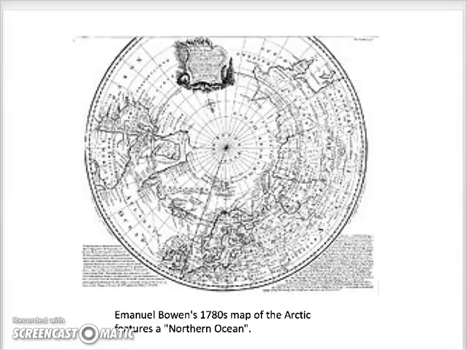In England and other European nations, the myth of an open polar sea was persistent. John Barrow, longtime Second Secretary of the British Admiralty, promoted exploration of the region from 1818 to 1845 in search of this.